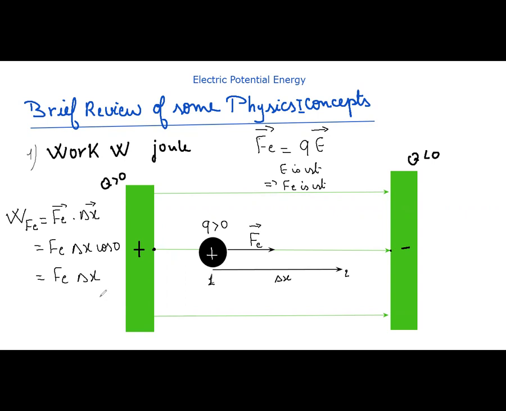Here, if we have a constant value of Fe, omega Fe is the energy consumed to move the charge from the position 1 to the position 2. Delta X is the displacement between position 1 and position 2. Now the object is moved to this point.